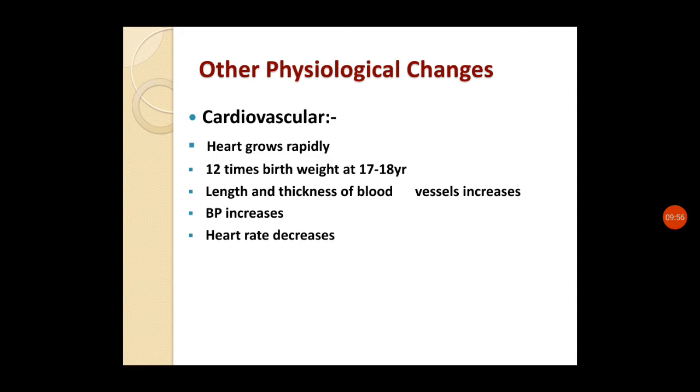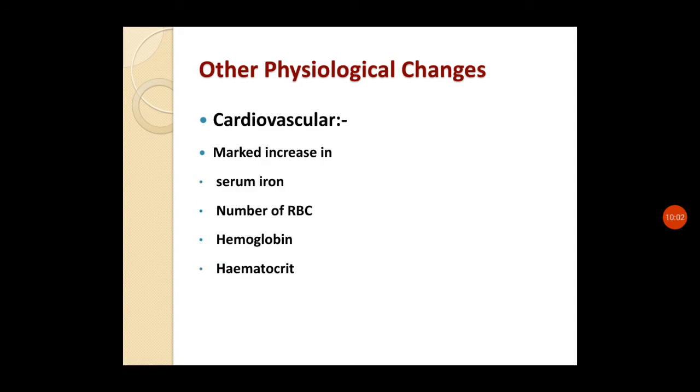So blood pressure increases, heart rate decreases. This change will continue till adulthood. And other changes are a marked increase in serum iron, number of RBC, hemoglobin and hematocrit. So almost the person will be near to adulthood. So these many changes will be occurring in the cardiovascular system.